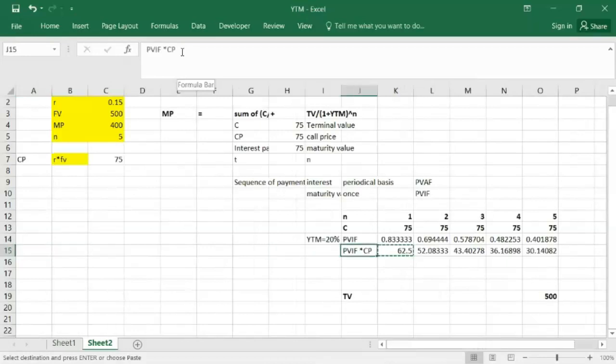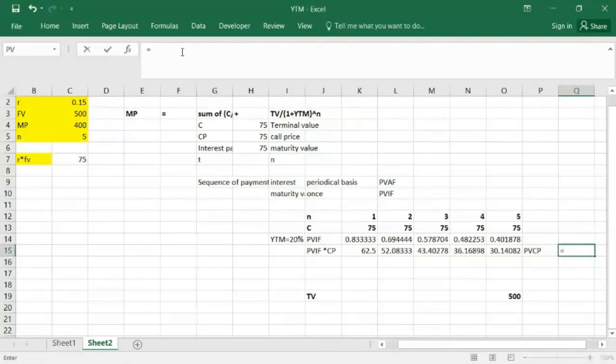What is the present value of the cumulative coupon payment? I just sum all the present values of the coupon payments. Together, the total present value of coupon payment is 224.29559, or you can take it as 224.3.